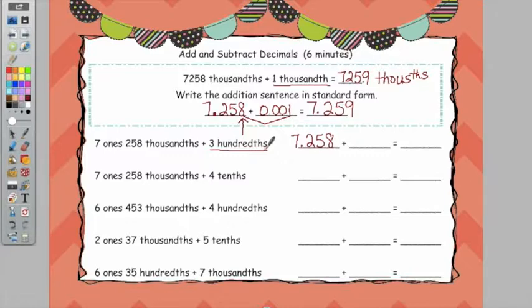Which place value am I changing? The hundredths. That's what I underlined. So some of you said the 5. You're right. There's a 5 in the hundredths place. What am I adding? 300ths. So that means I'm going to add the 5 plus the 3. 8.